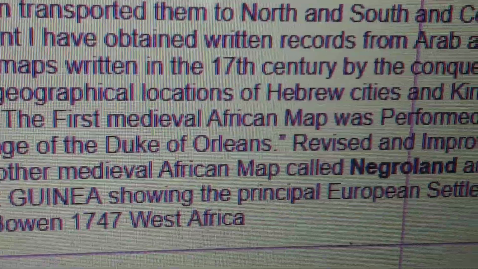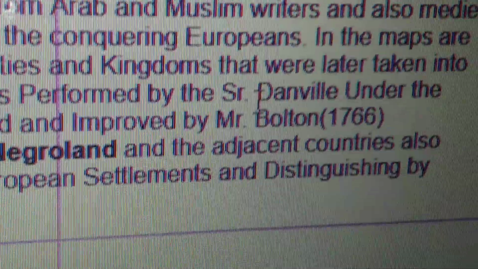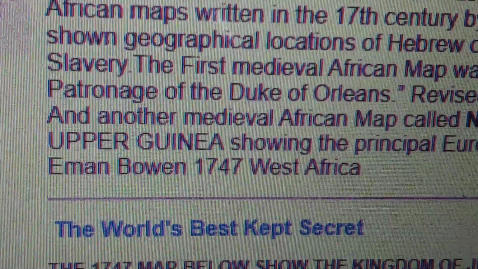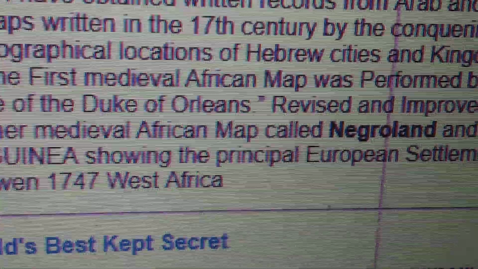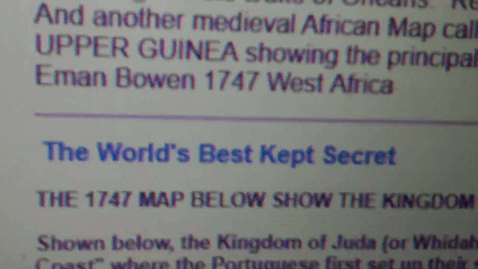The first medieval African map was performed by Sir Danville under the patronage of the Duke of Orleans, revised and approved by Mr. Bolton, 1766, and on and on. So see what I did say, the world's best kept secret. They don't want you to know this.